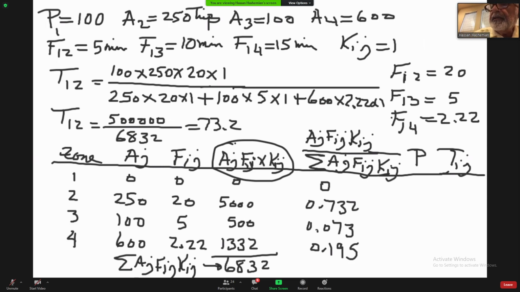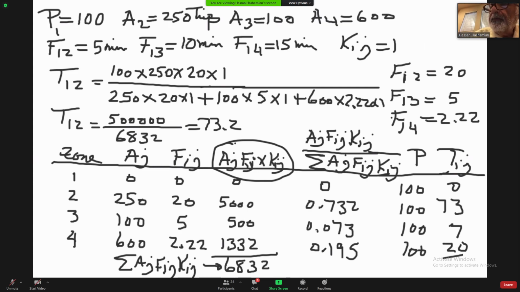Now your P is all 100, correct? Because the 100 trips have to be distributed. So if you multiply 100 by the previous column, you end up here with 0, here 73, here 7 almost, rounded up, and here 20, rounding it.